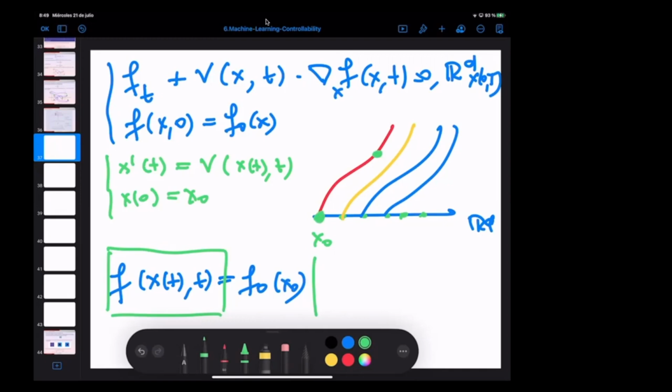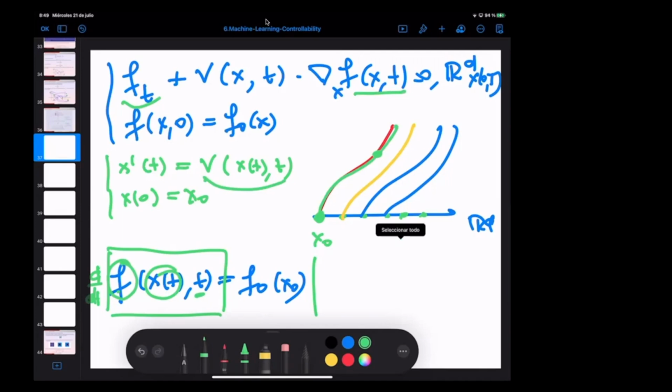Because when I compute the time derivative, this will give me on one hand the time derivative of f with respect to t, so f_t, but it will also give me the gradient of f multiplied by the derivative of x'(t). And the derivative of x by construction is the velocity field. So in this way, these are the characteristic lines, and these characteristic lines are completely characterizing how the mass is being transported along this transport equation.